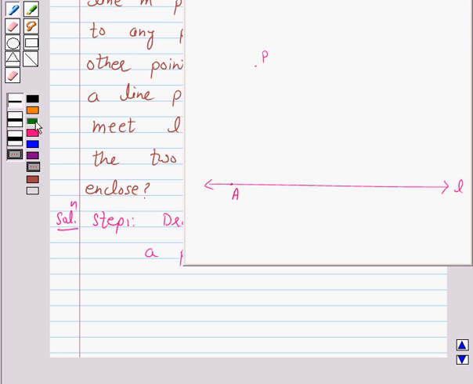So our next step is, take any point A on L and join AP.